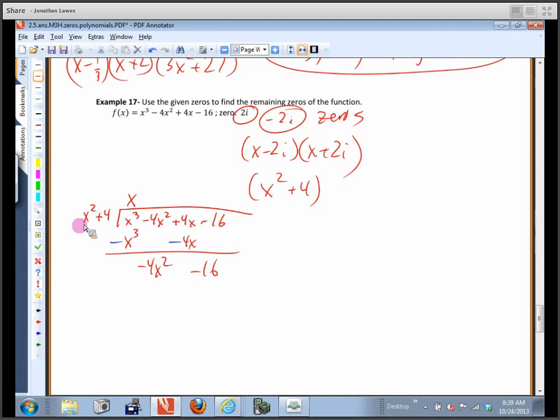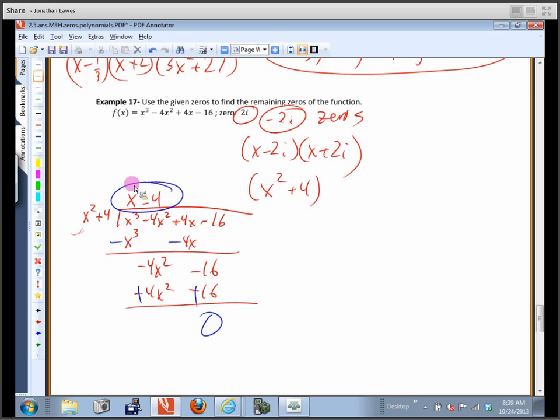And again, I'm just looking at the x squared. What do I multiply x squared by to make it a minus 4x squared? Negative 4. Distribute through. Negative 4x squared minus 16. Go through and change the signs. What do I get? 0. Here's the depressed polynomial.